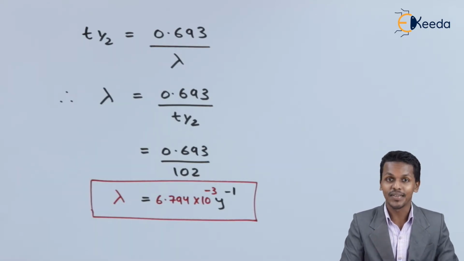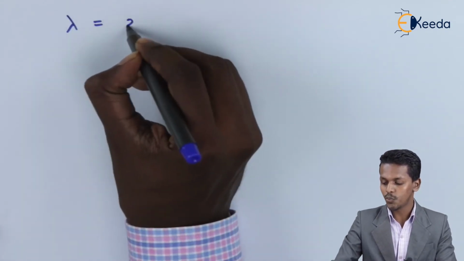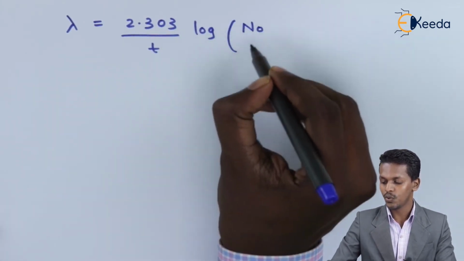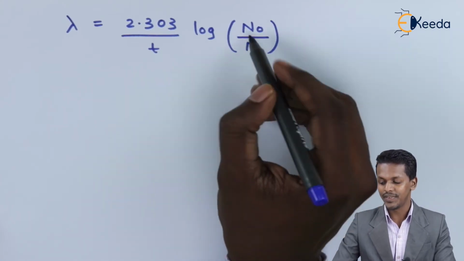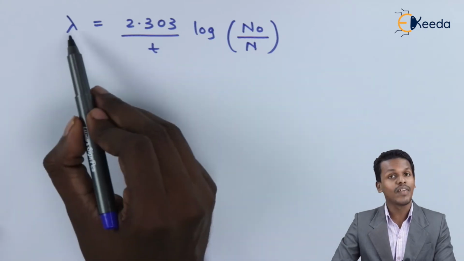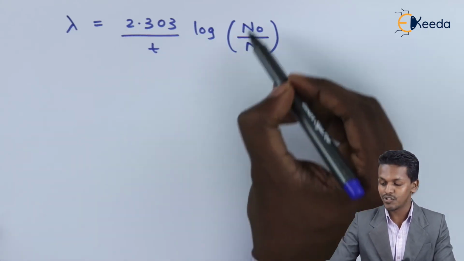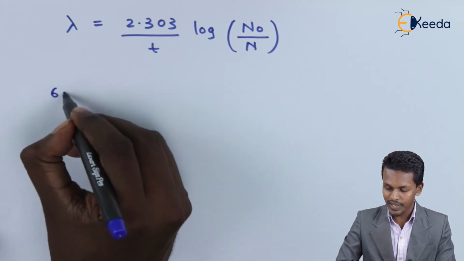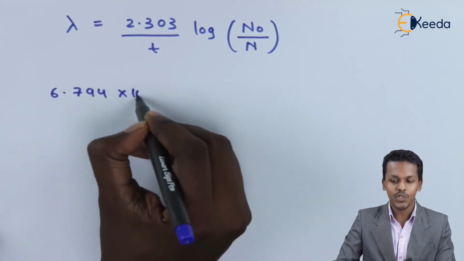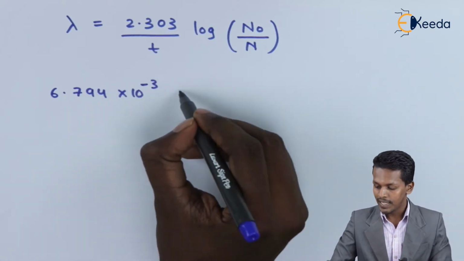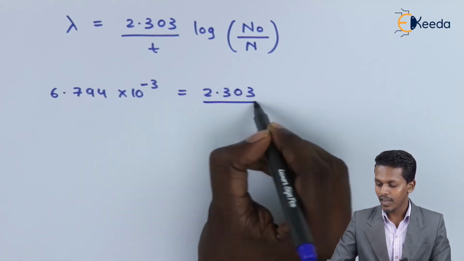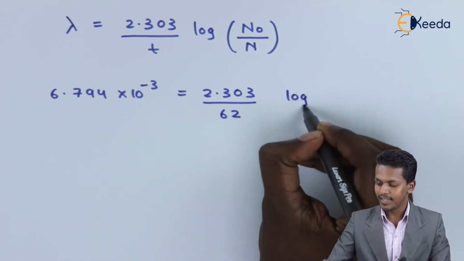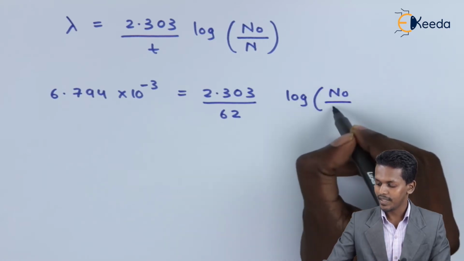Lambda is equal to 2.303 divided by T, log to the base 10 of N0 divided by N, and here we don't know the value of N. We know the value of lambda as well as the duration, so 6.794 into 10 raised to minus 3 year inverse is equal to 2.303 divided by the duration of 62 years, times log to the base 10 of N0 divided by N.